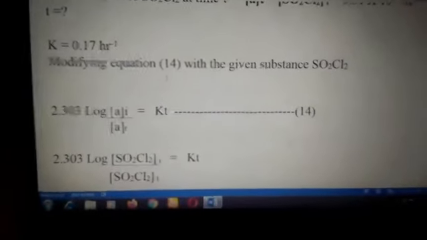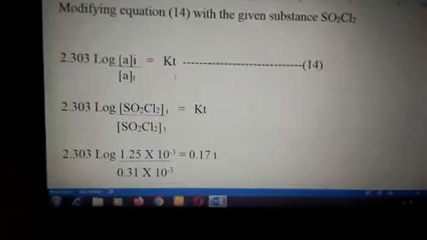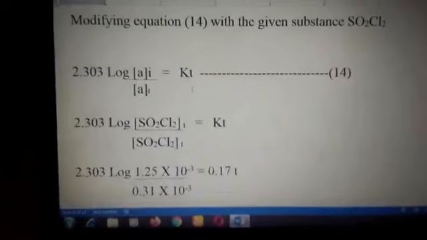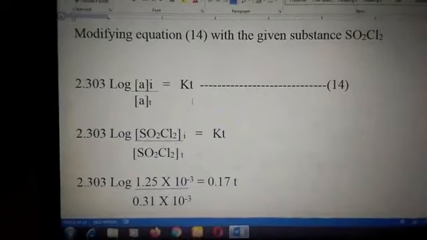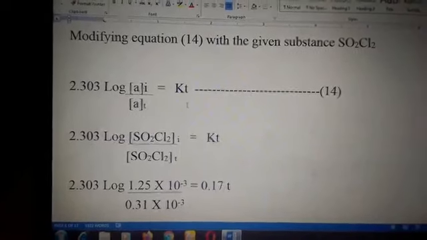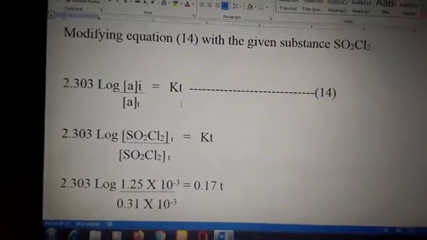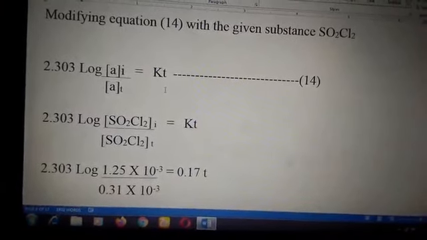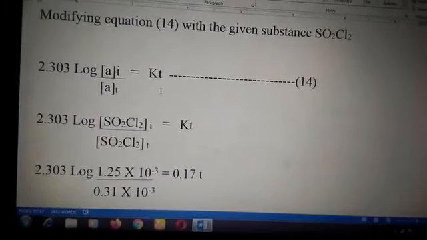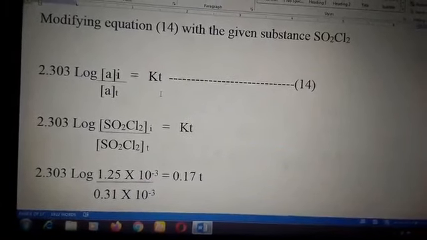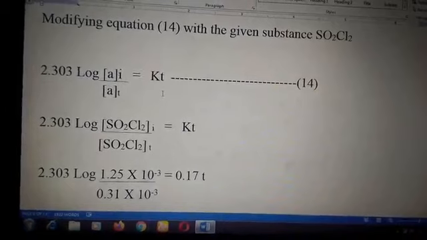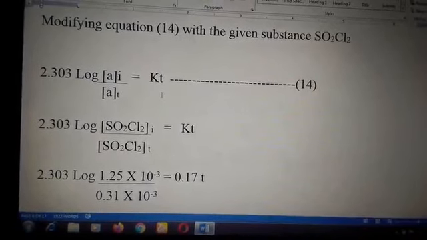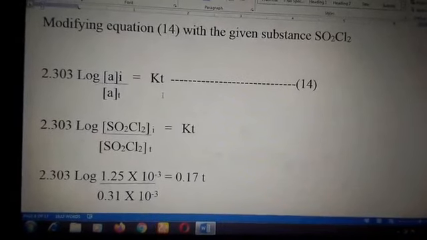So that equation for t will bring it down again. Then replace A in that expression on the left-hand side with the compound SO2Cl2. So we now have 2.303 log SO2Cl2 subscript i, meaning initial concentration, under it SO2Cl2 subscript t, meaning the concentration at time t, equal to Kt.